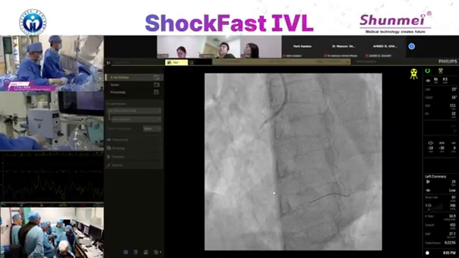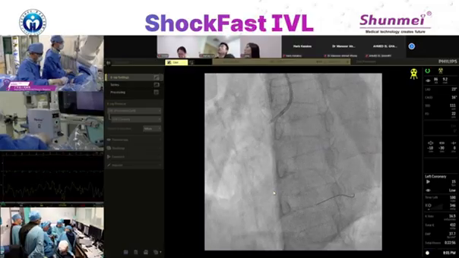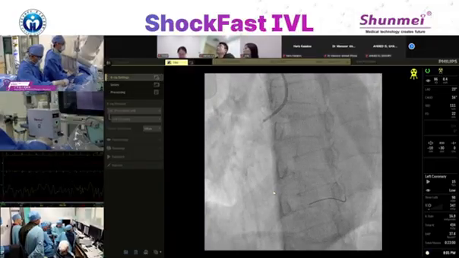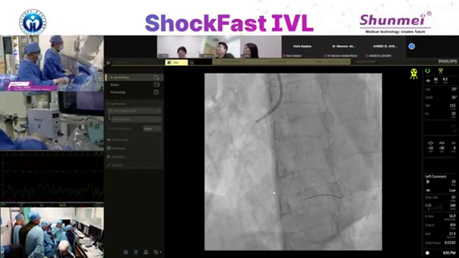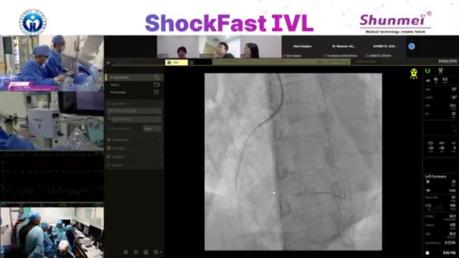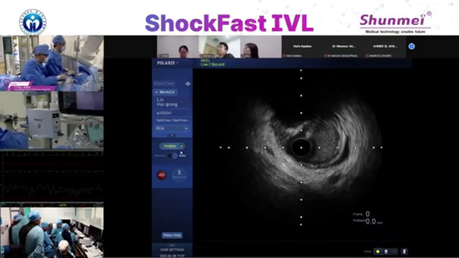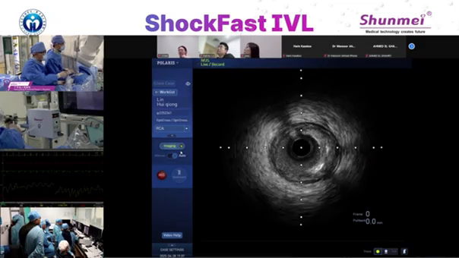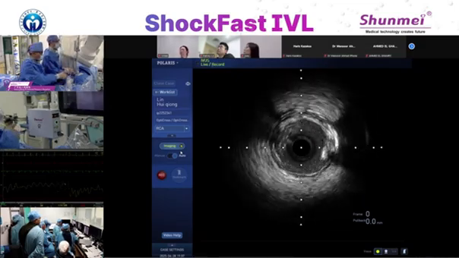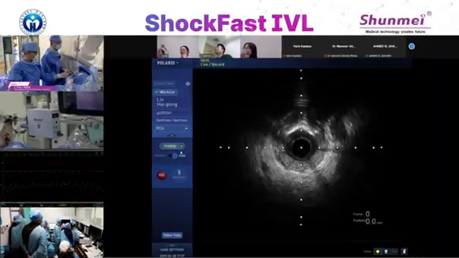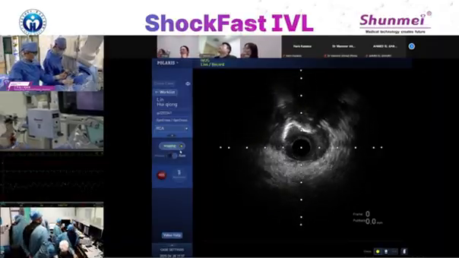Even the used non-compliant balloon cannot pass with the support of guiding extension. So we use two brand new non-compliant balloons to pre-dilate. We went to not very high pressure, like 10 or 14. Now it's smoothly let the guiding catheter get in.